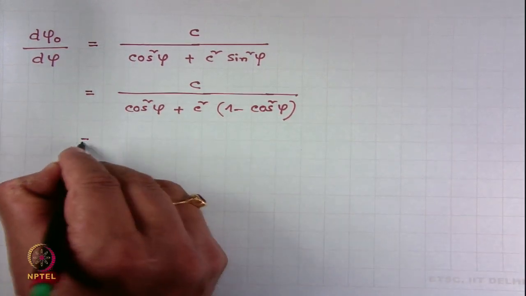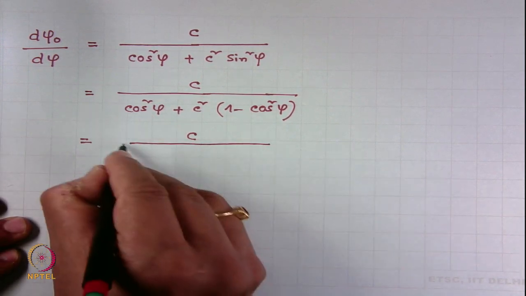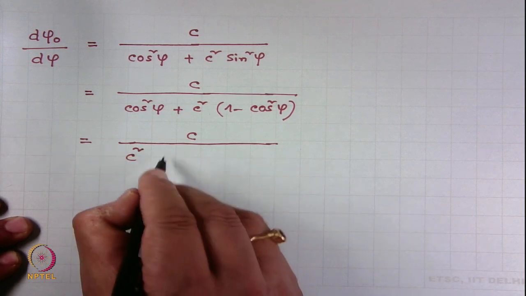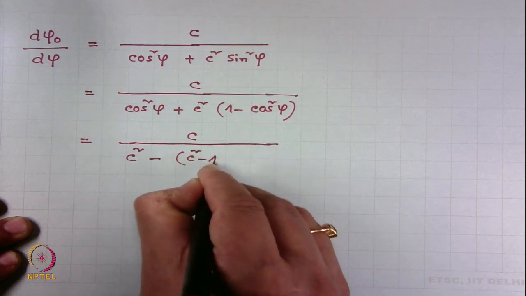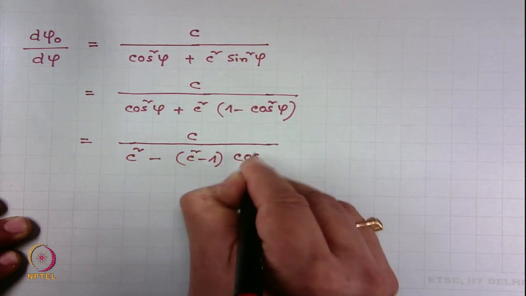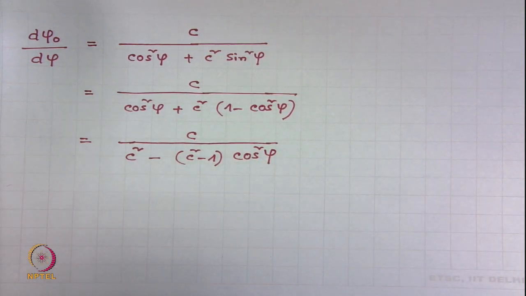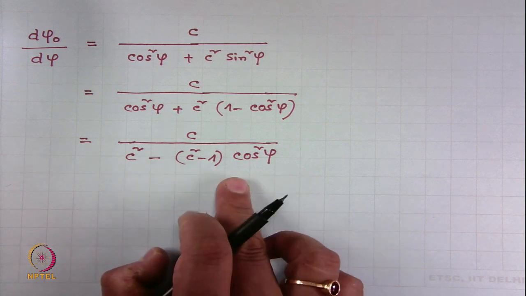So, C by C square minus C square minus 1 into cos square psi. So, we obtain this expression.